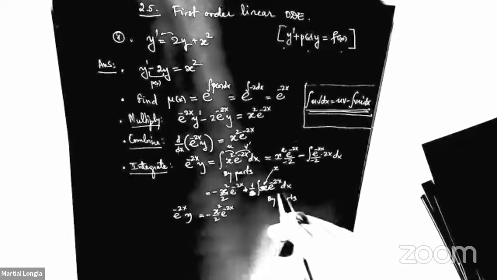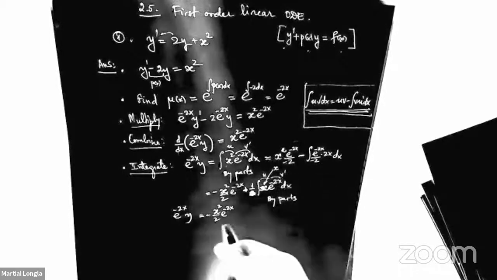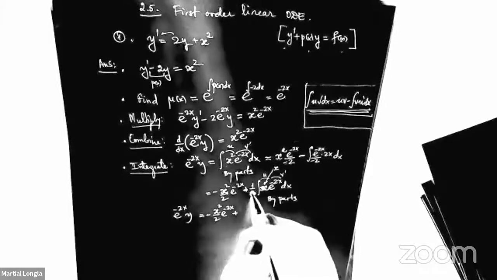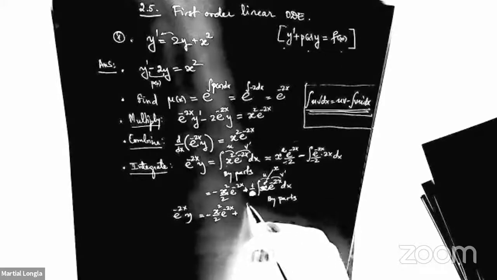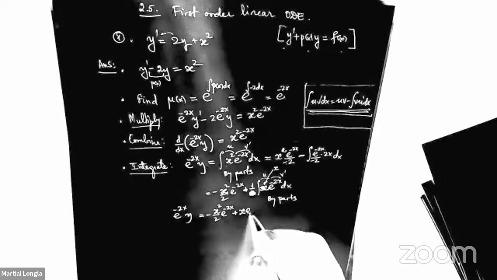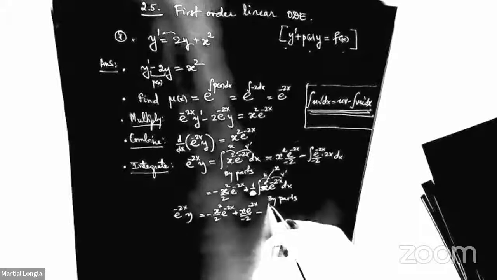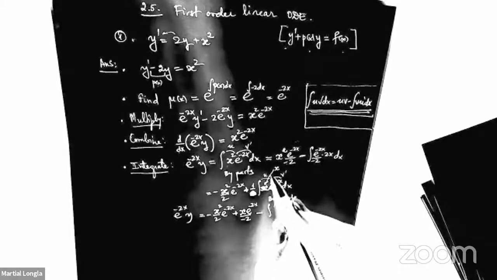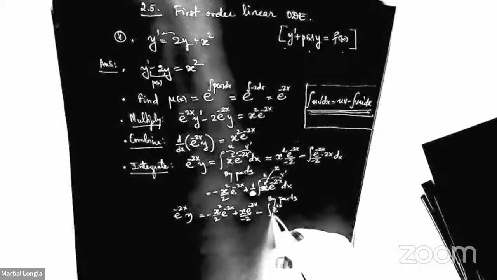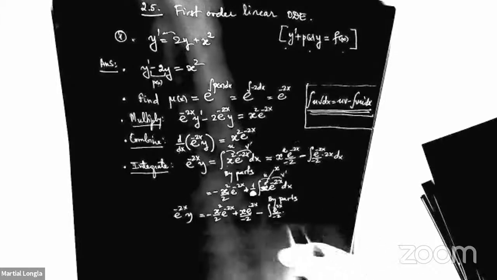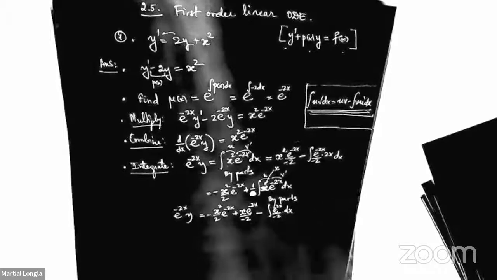And then for the integral, we take u as x and this as v prime. That'll be plus uv, where u is x and v is e to the minus 2x over minus 2, minus the integral of v, e to the minus 2x over minus 2, times u prime, and u prime is 1, so that's just dx.